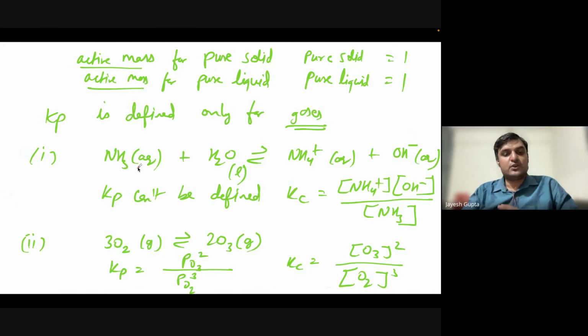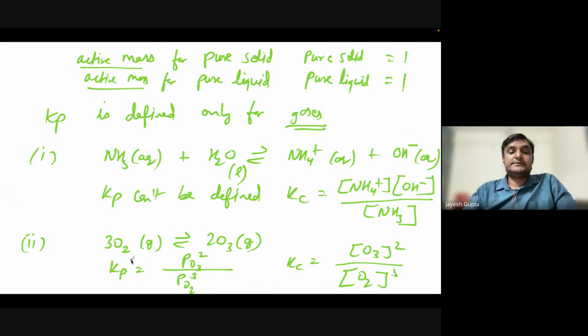For aqueous and gaseous, we can write concentration; for solid and liquid, it is already 1. In the numerator, I have written concentration of NH4 plus and concentration of OH minus because they are in aqueous phase. So Kc becomes concentration of NH4 plus into concentration of OH minus, divided by concentration of NH3 aqueous. H2O is liquid, so no need to write its concentration.